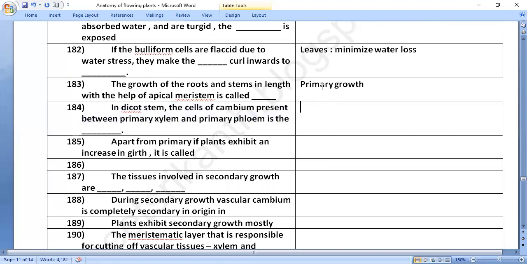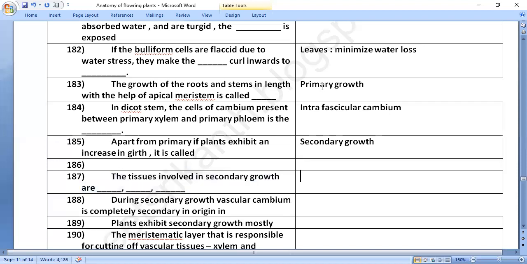In the dicot stem, the cambium present between the primary xylem and primary phloem is the intrafascicular cambium. Apart from primary growth, if plants exhibit an increase in girth, it is called secondary growth.